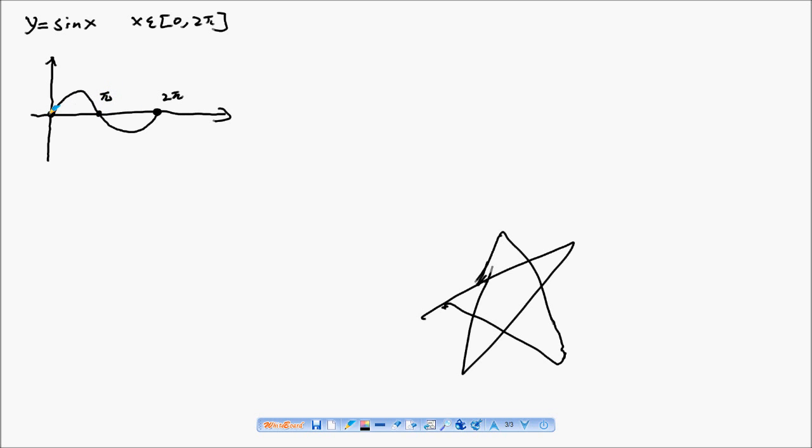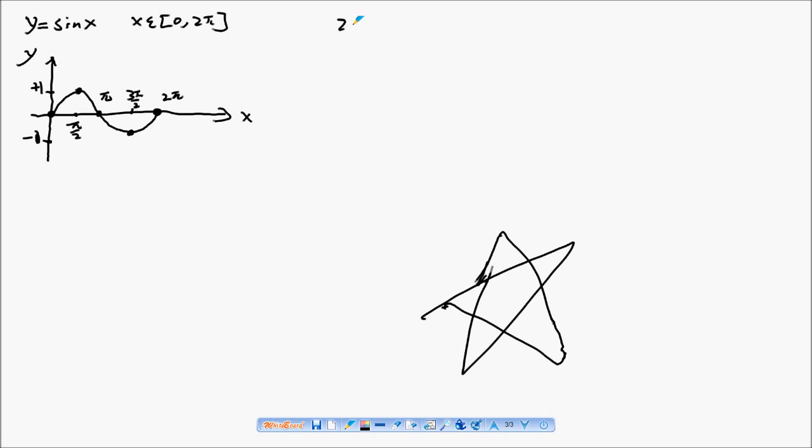The midpoints between your x-axis crossings will be your maximum and minimum, at pi on 2 and 3 pi on 2. The y-value of your maximum is positive 1, and the minimum is minus 1. You just have to remember the standard graph.